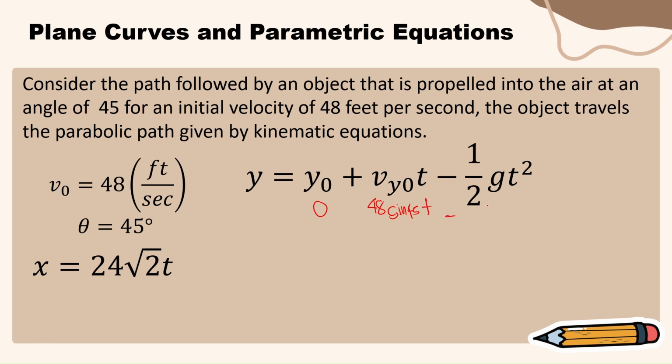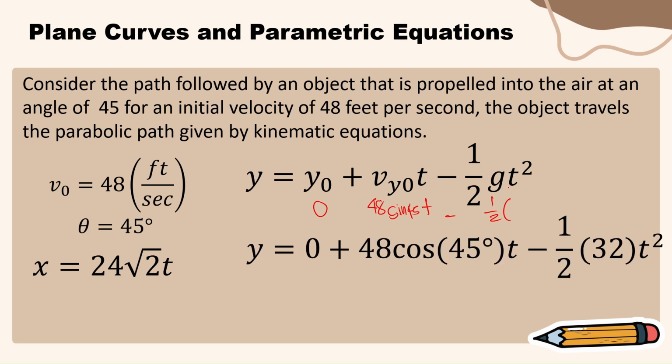Then minus 1 over 2 times, since this is going upwards, so positive 32 yung gagamitin natin. So simplifying this one, we will have our parametric equation for y, which is y is equal to 24 square root of 2 t minus 16t squared.